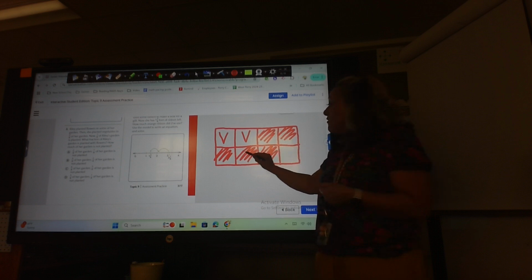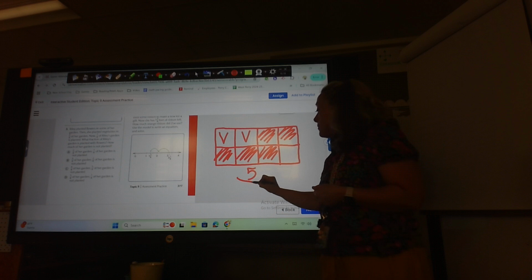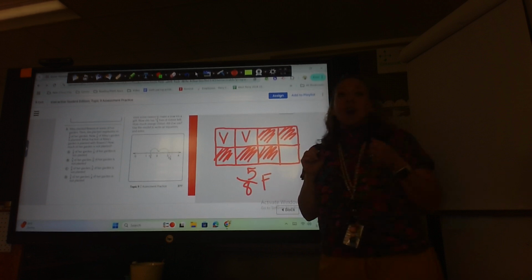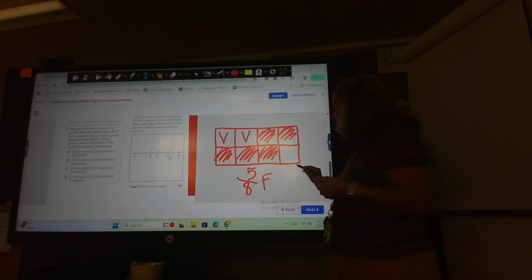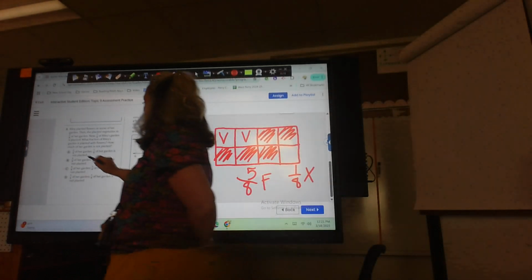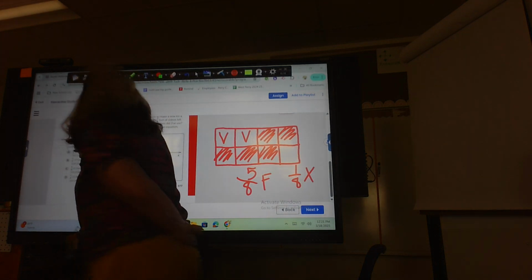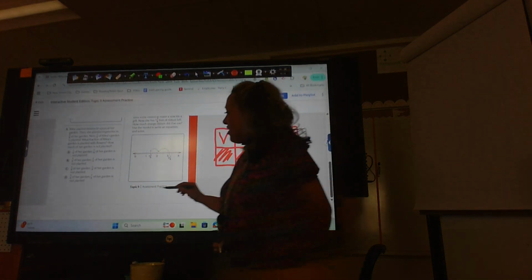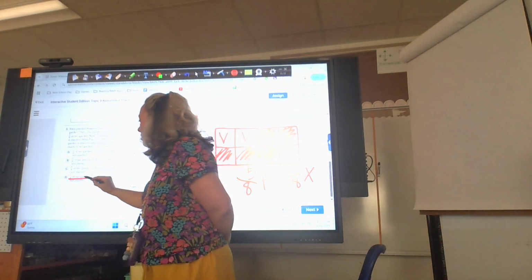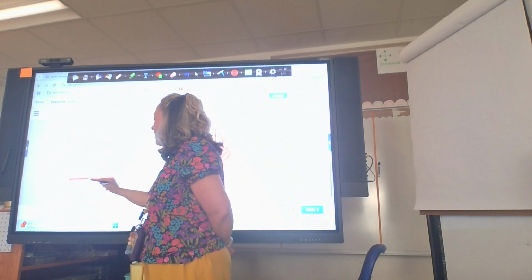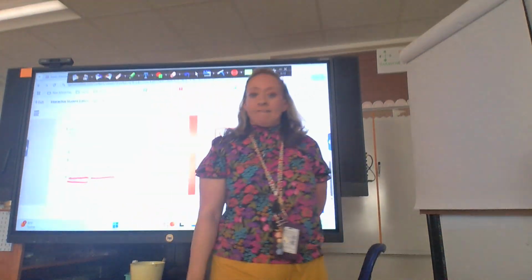So 1, 2, 3, 4, 5/8 of them are flowers. How much is not planted at all? 1/8 has nothing in it, right? So it says, what fraction is planted with flowers? So we're going to find the 5/8 of her garden with flowers. 1/8 of her garden is not planted.